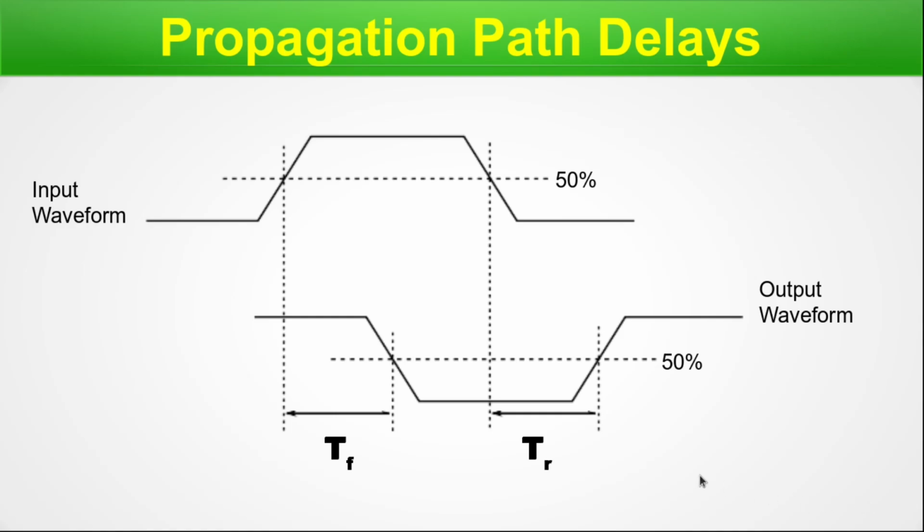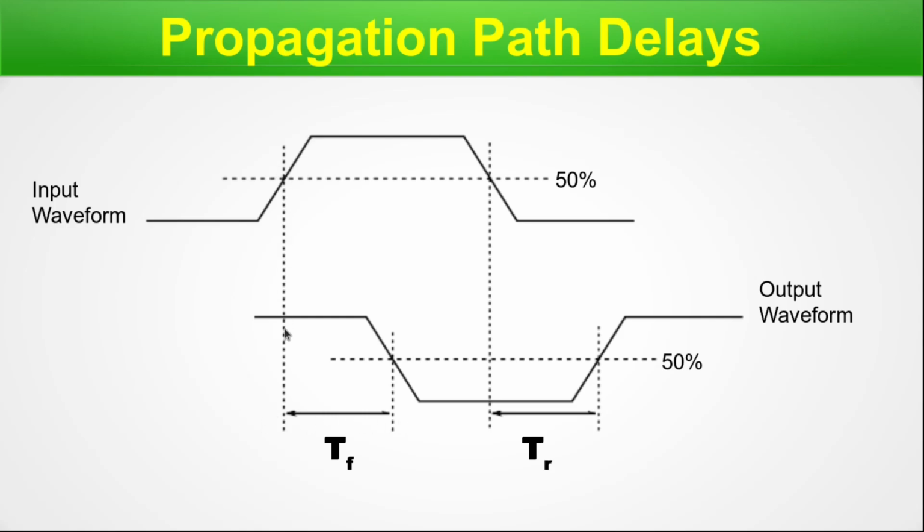So when we drop a perpendicular line from these cut points onto the x-axis, we get intersection points. So these are intersection points 1, 2, 3, 4. As I have mentioned earlier, the delay is calculated at the output waveform, hence this is called the fall time delay.